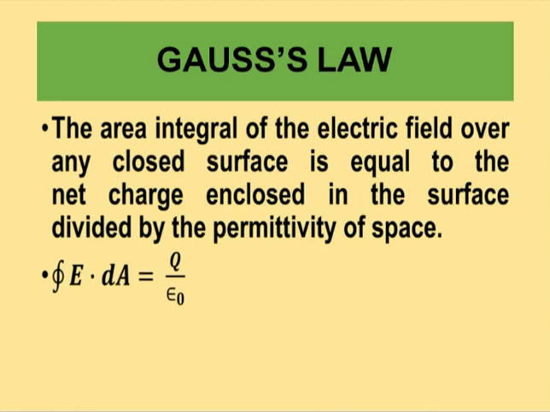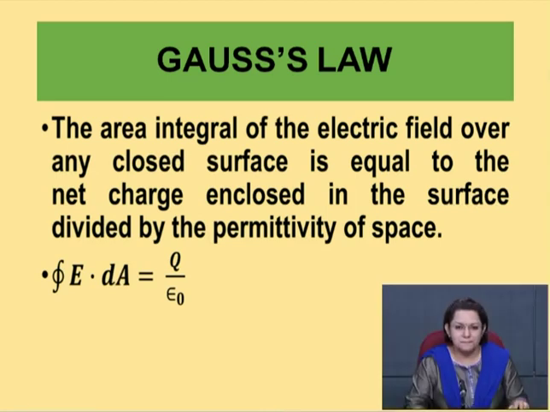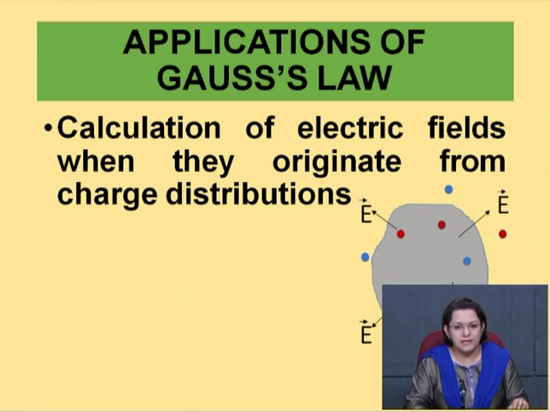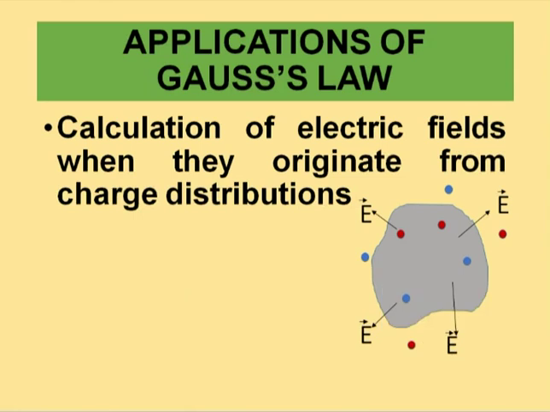As such, both the interpretations of Gauss's law are very straightforward and simple. However, the importance of these two statements comes to picture when we have to calculate electric fields over varying or different shapes of areas, and when they originate from different charge distributions.